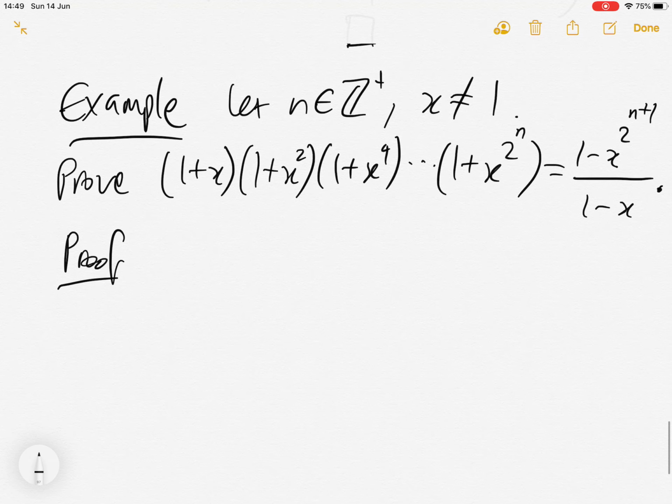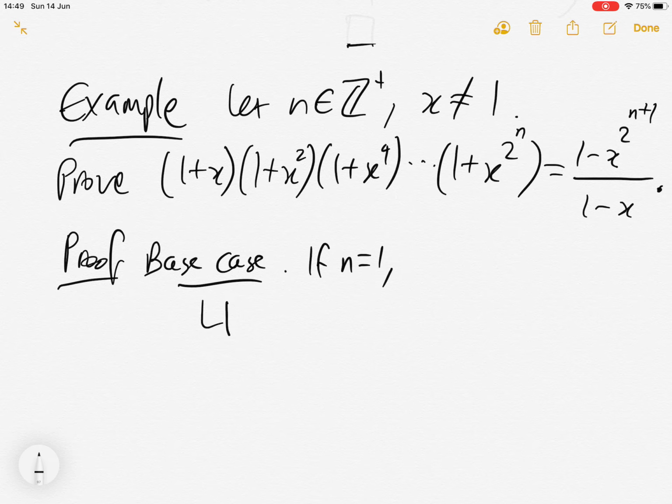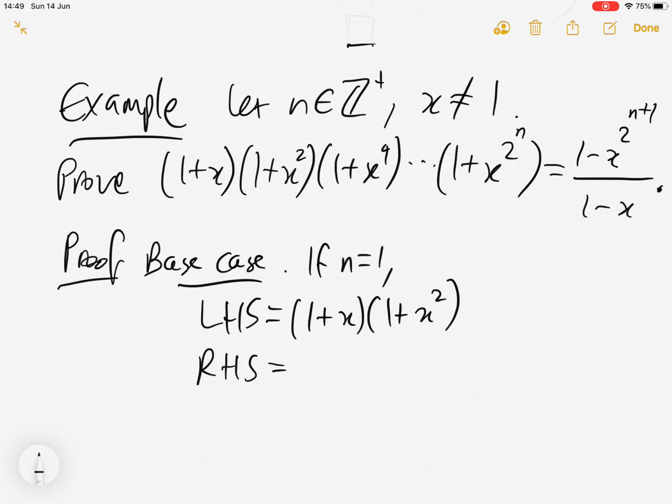So the base case: x here is a variable, we're not interested in x, we're interested in proving it for n. So if n is 1, the left-hand side is 1 plus x times 1 plus x squared, and the right-hand side is 1 minus x to the power 4 over 1 minus x.